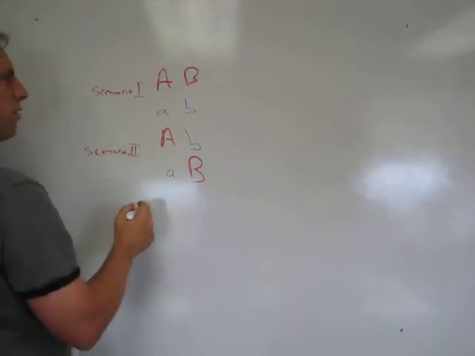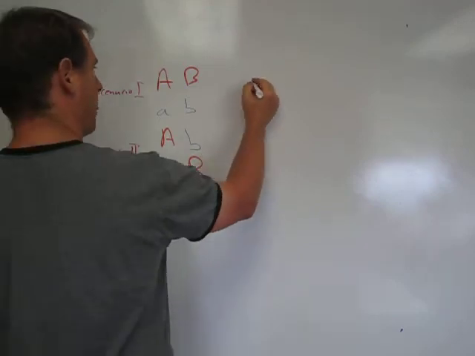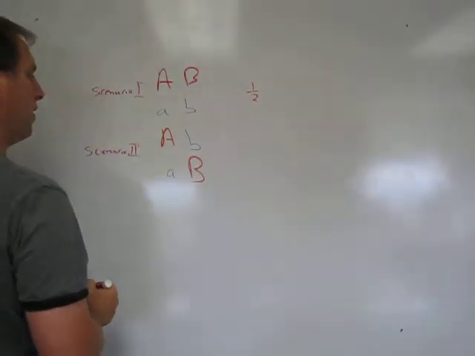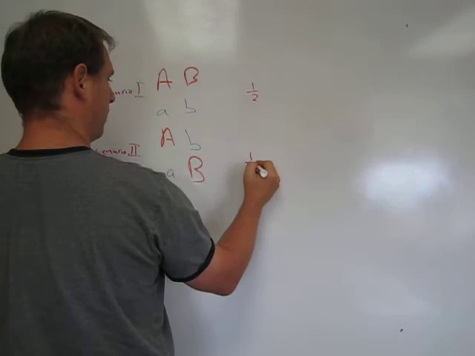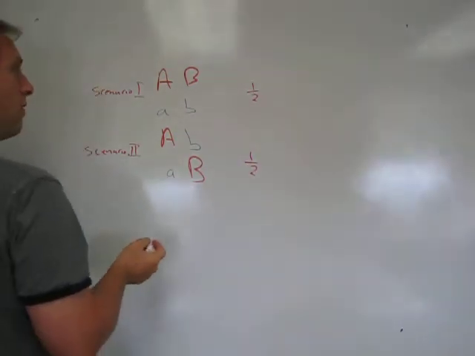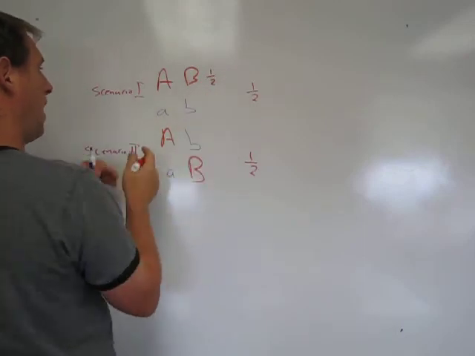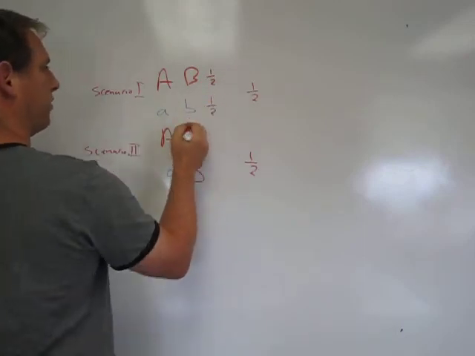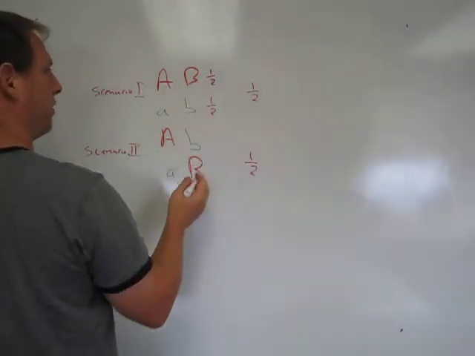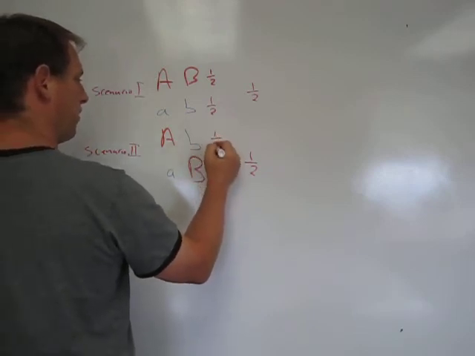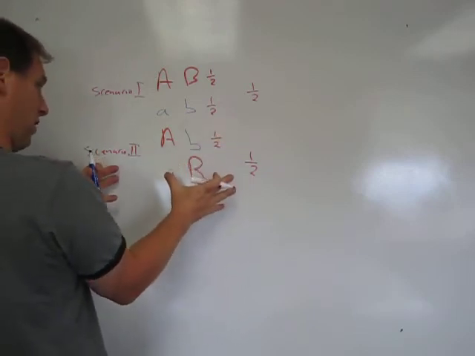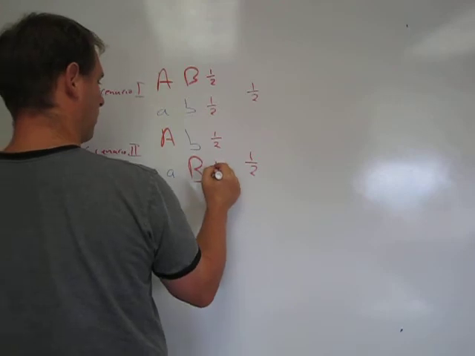Well, scenario 1 can happen half the time, and scenario 2 can happen half the time, and for scenario 1, half the time you're going to get this, or half the time you're going to get this, so you can multiply these together. Same with here, half the time you're going to get this if you condition that scenario 2 has happened, or half the time you get this.